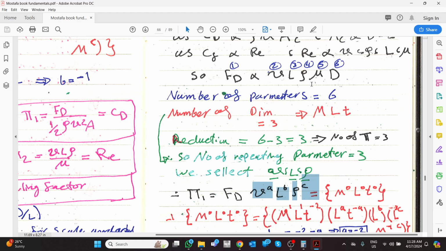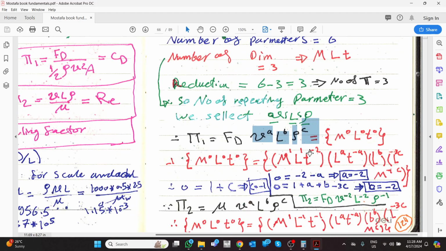We can, but it is better not to. So we can select velocity, length, and density. By the way, we cannot select both length and diameter, because they should not have an equal dimension. So if you select diameter, don't select length, and if you select length, don't select the diameter.